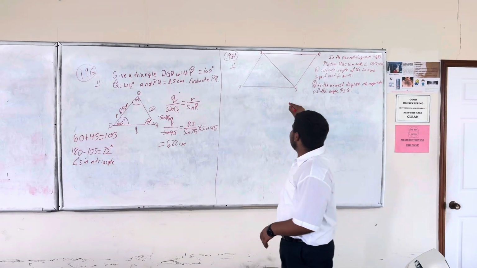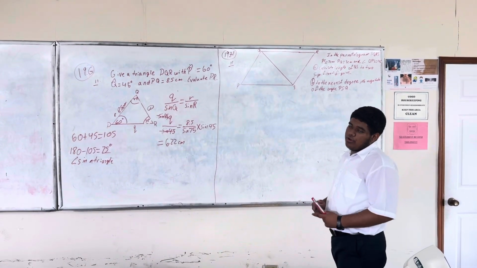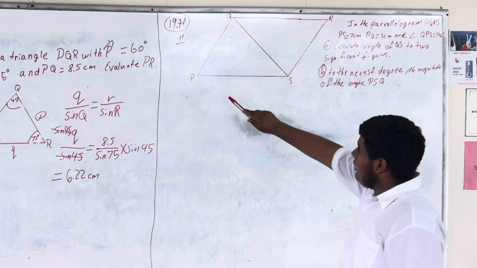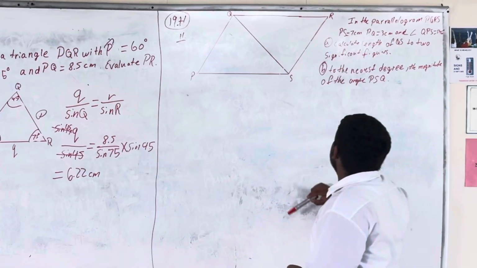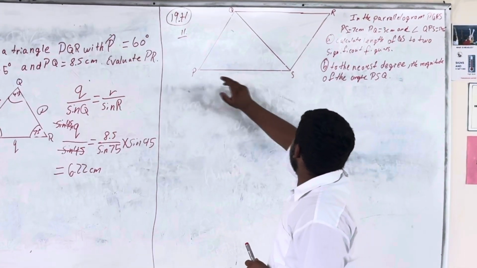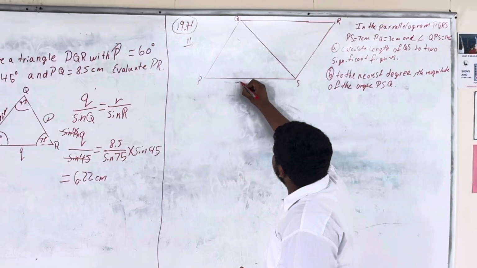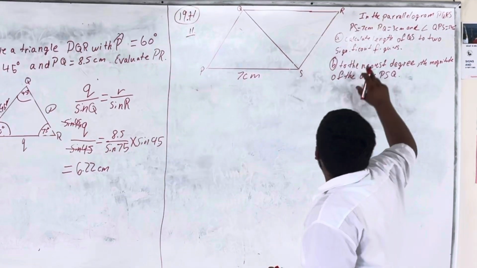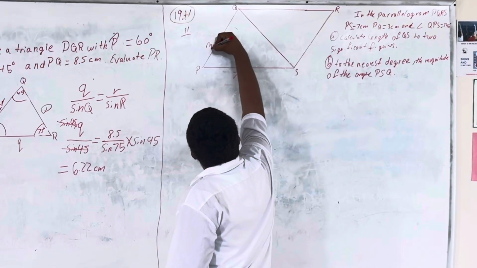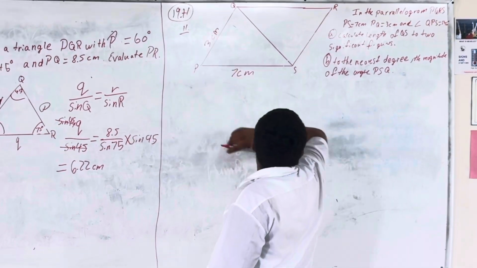Okay, now going to the second trigonometry question. It is in the parallelogram PQRS, right here, PQRS. PS is equal to 7 centimeters. PQ is equal to 3 centimeters.